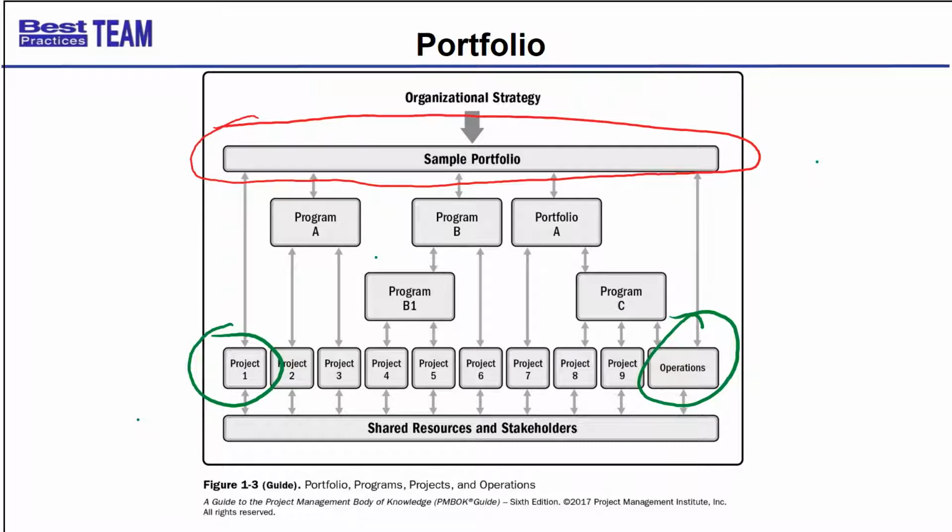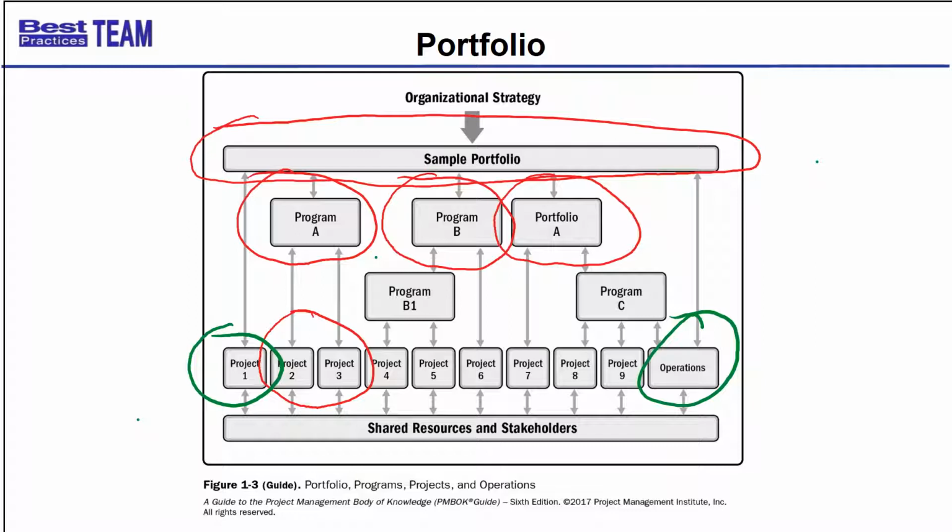And then underneath the sample portfolio, there are 2 programs, Program A and Program B. And there's also a portfolio. Portfolio A is part of the sample portfolio. So the sample portfolio contains a portfolio within it. Okay, Program A is pretty straightforward. Program A just has 2 related projects underneath it, Project 2 and Project 3.